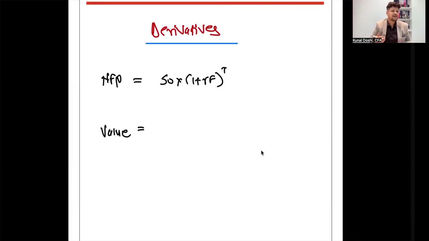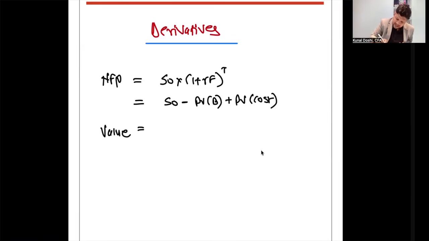If there's a benefit, we will subtract the benefit. If there's a cost, we will add back the cost. So if there's a benefit, what do we do, guys? We subtract the present value of benefit. We add the present value of cost, everyone. And then we compound to the power what? Into 1 plus risk-free to the power T.